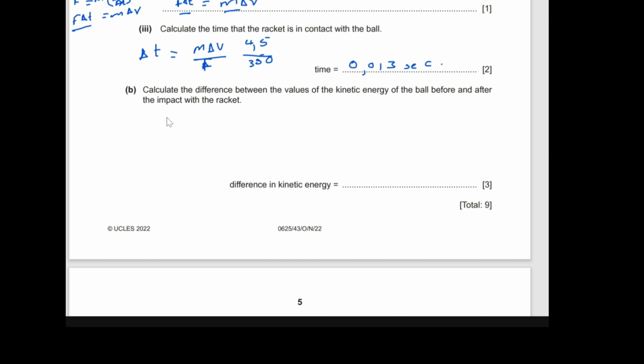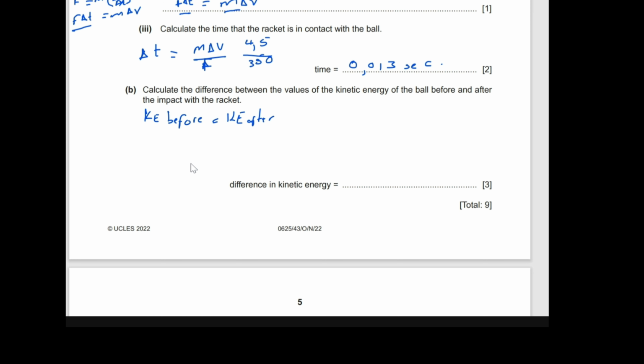All the energy was transferred. So let's just assume that there was conservation of energy. If there was no energy lost, it means the kinetic energy before must be equal to the kinetic energy after.